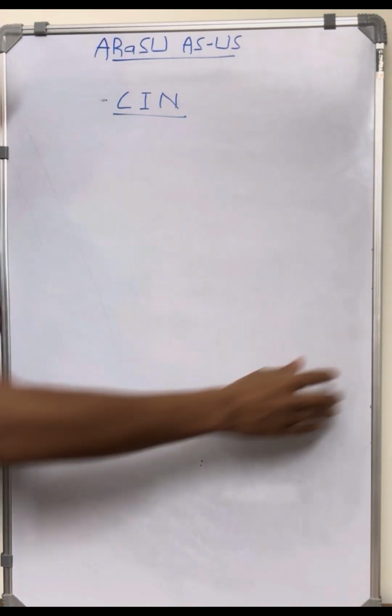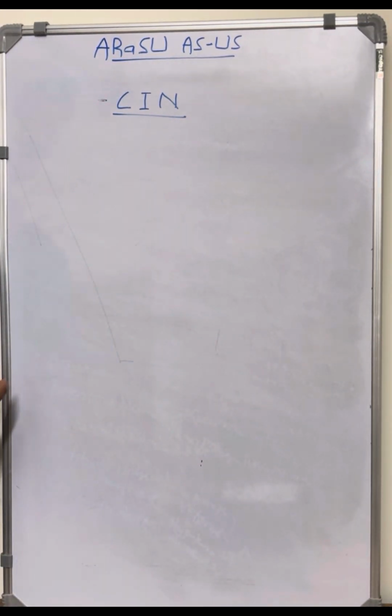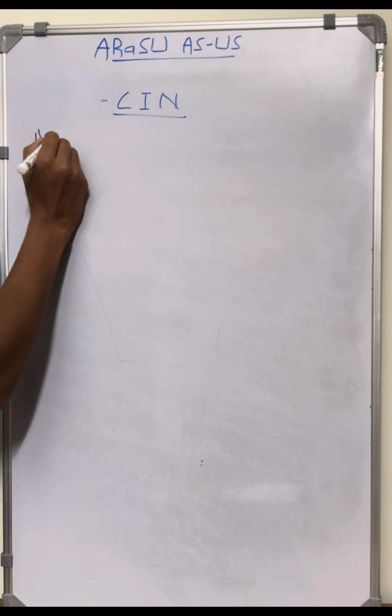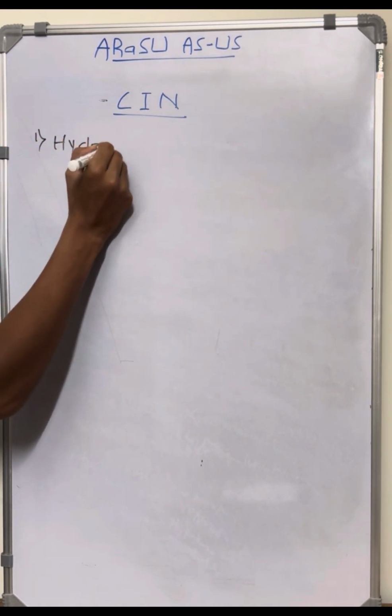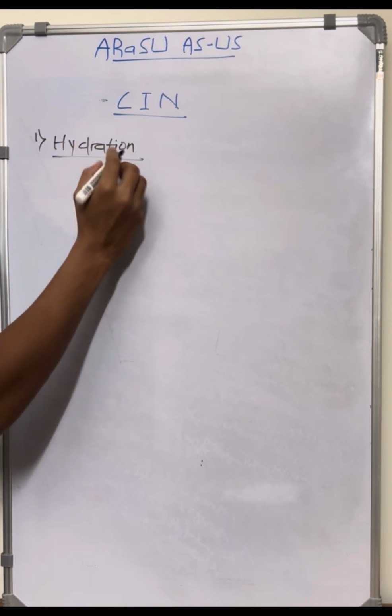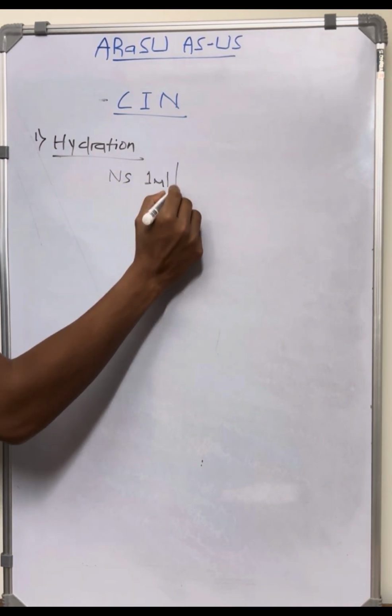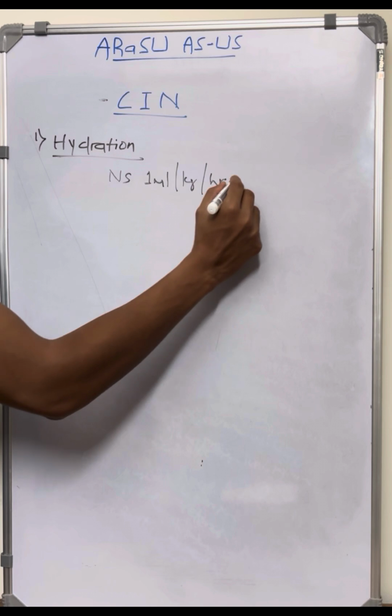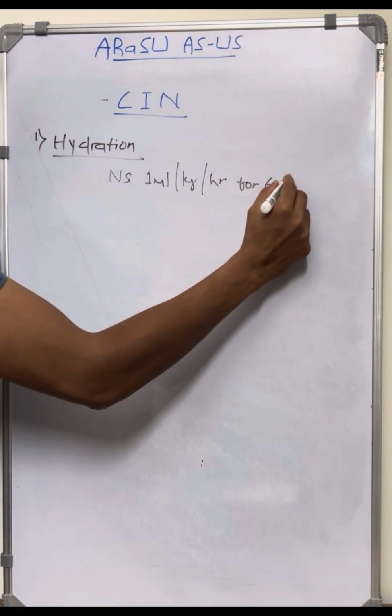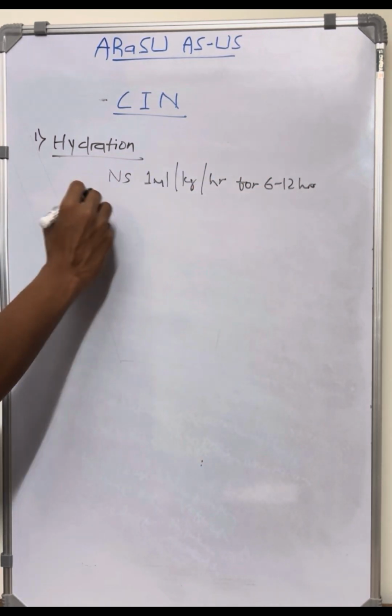Now, how to manage this contrast-induced nephropathy? The most important thing in management is hydration. Hydration is very, very important. So what can we do? Normal saline of about 1 ml per kg body weight per hour for 6 to 12 hours we can infuse prior to the procedure.